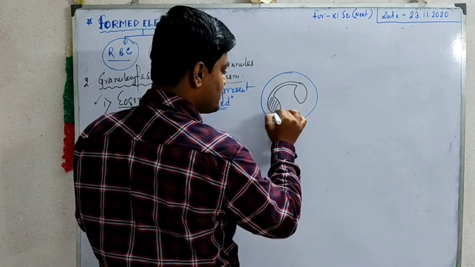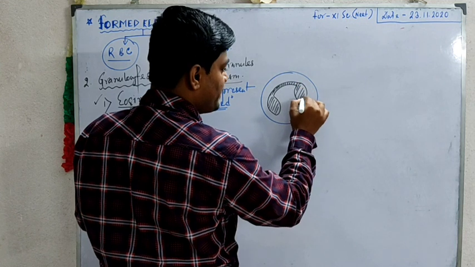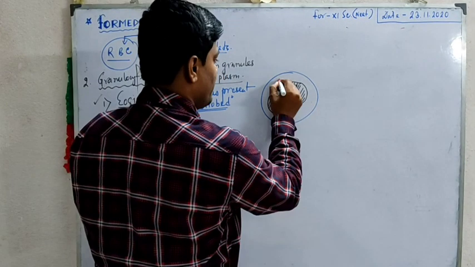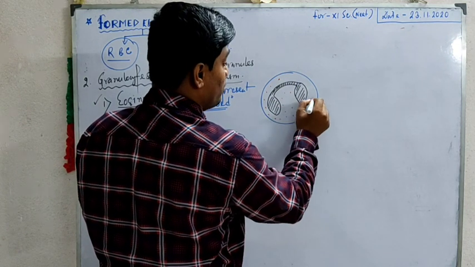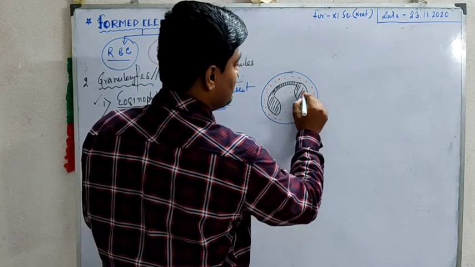This is the nucleus that is bilobed in appearance, and as we said earlier, cytoplasm contains granules, so we call it granulocyte.